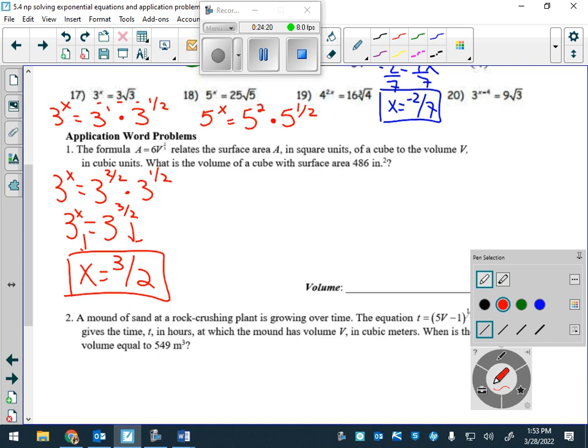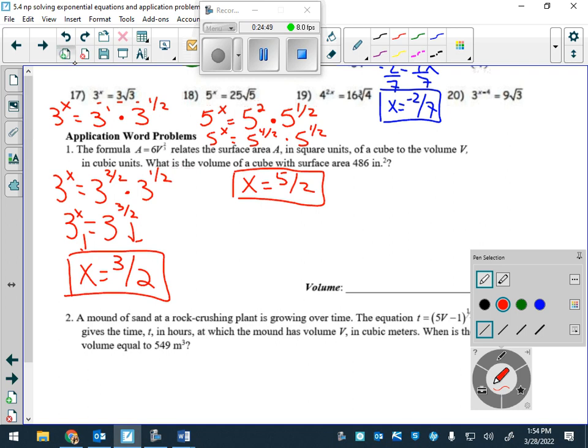Then I need a common denominator, which is 2. Okay, so I have 5 to the x equals 5 to the 4/2 times 5 to the 1/2. Therefore, x equals 5/2.